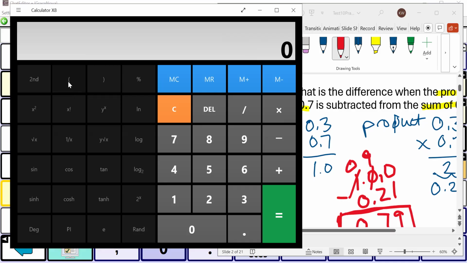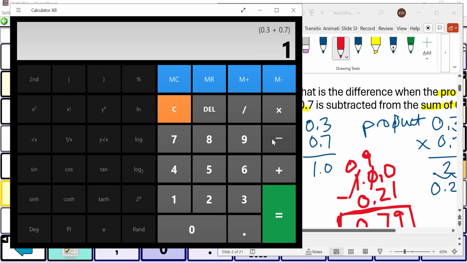So for that mini problem, we do a left parenthesis, you see it shows up on top here, and do 0.3 plus 0.7. And then do an end parenthesis, and it says 1. That's what we got in that first step.